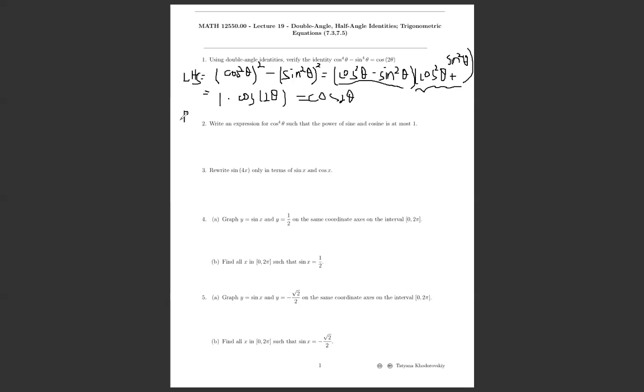And the right hand side is also cosine of 2 theta. Therefore, the left hand side is equal to the right hand side. Any questions?